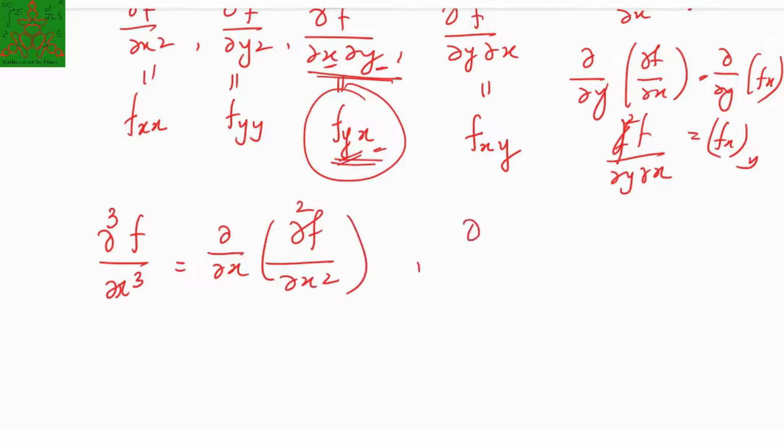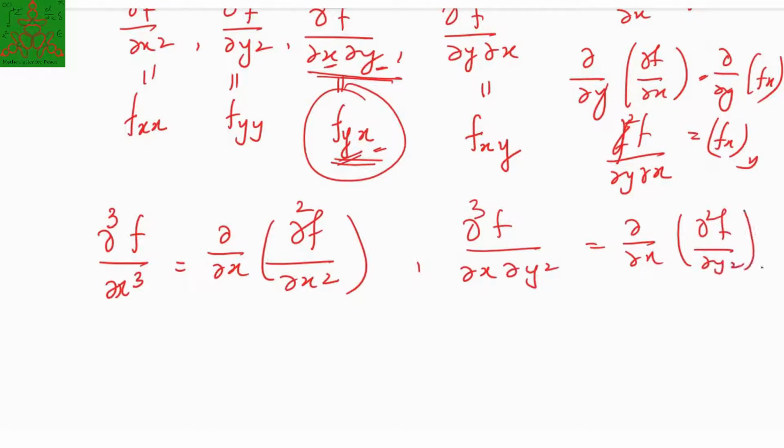Same way we can talk about del cube f upon del x del y square, that is nothing but del by del x of del square f upon del y square. This will be represented as fxxx, and this one as fyyx.